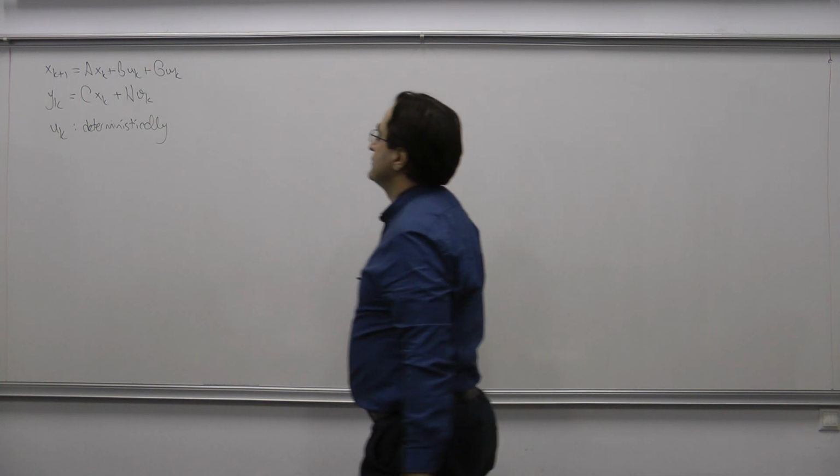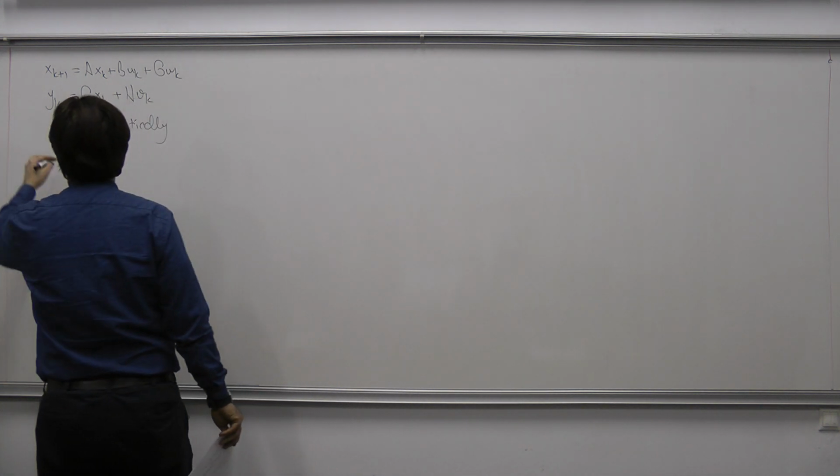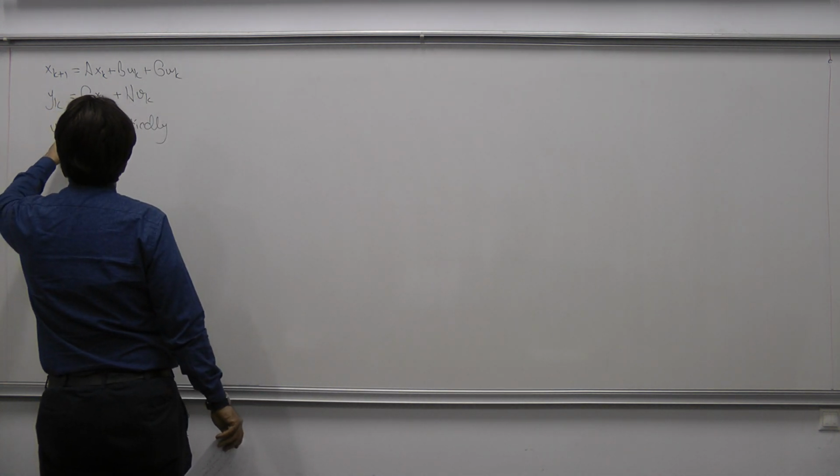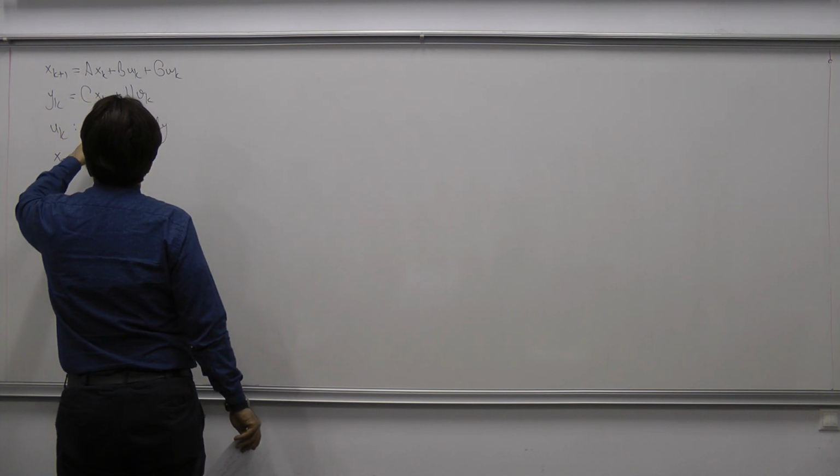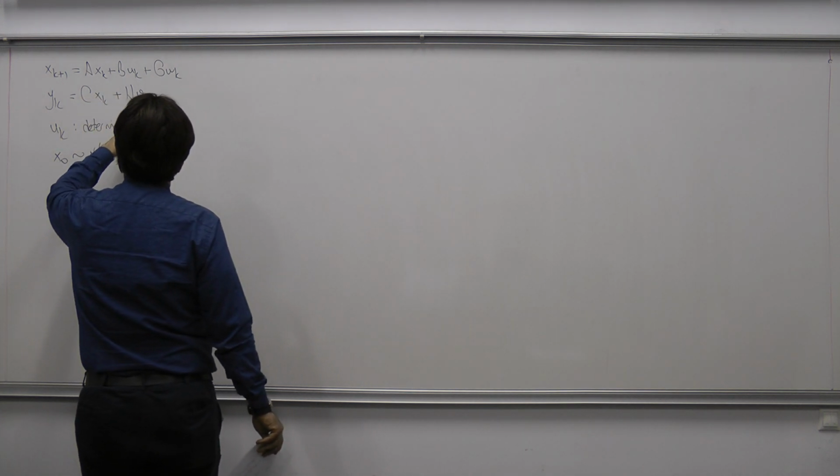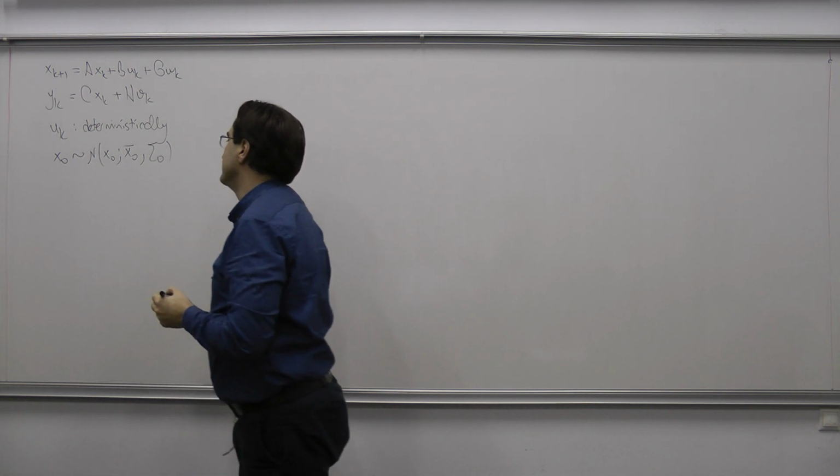And we can write the distributions of the initial condition. X0 is normal with x0 bar mean and Sigma 0 covariance.